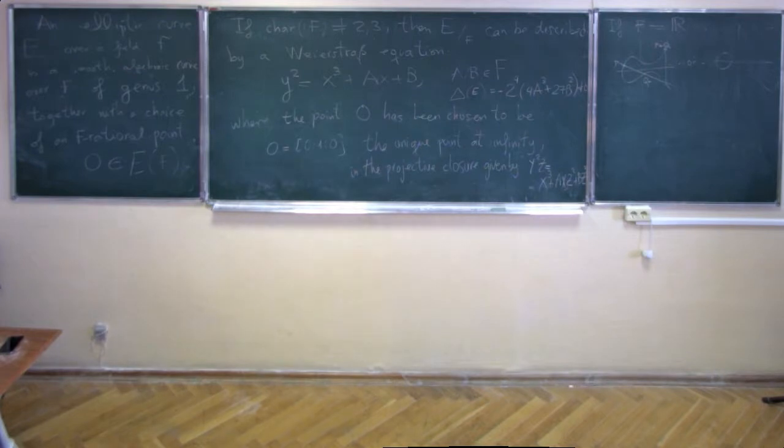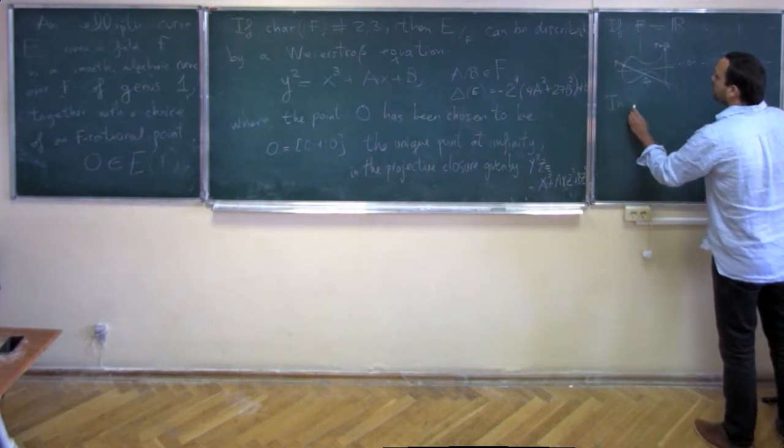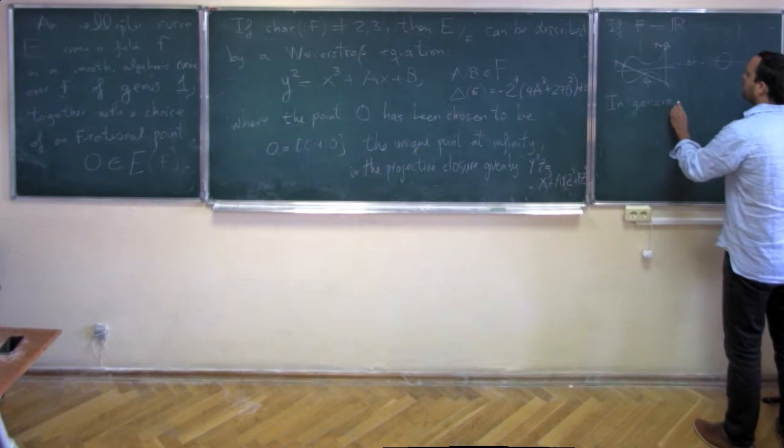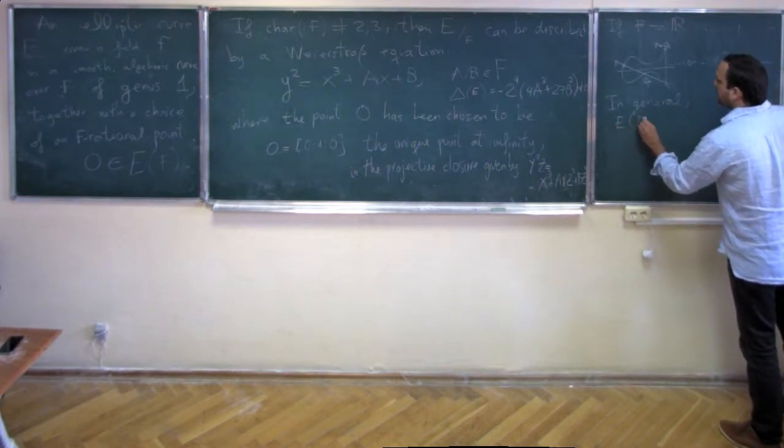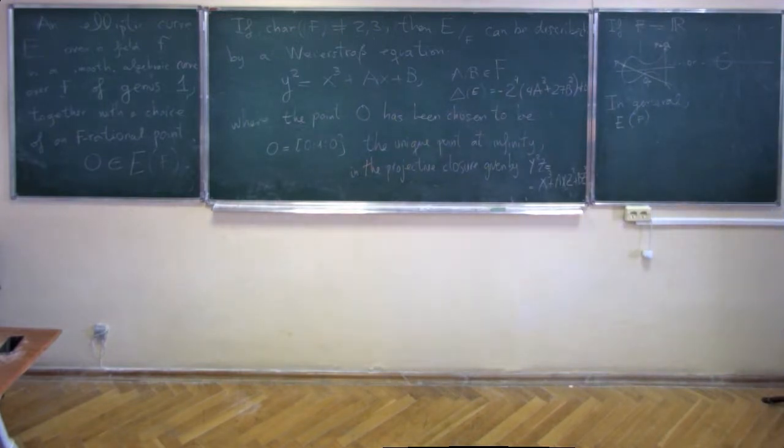This can be done for any field, and geometrically on the real locus, it takes this picture. So in general, this set is not only a set, but it has a natural structure of an abelian group.